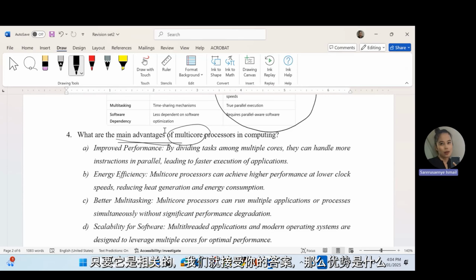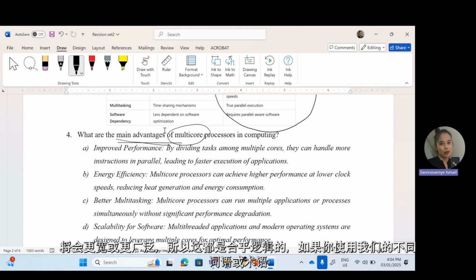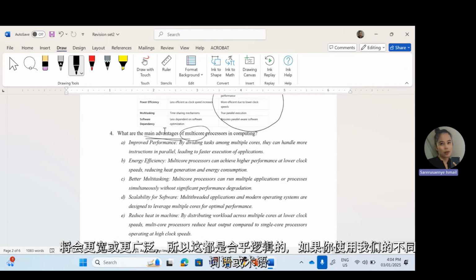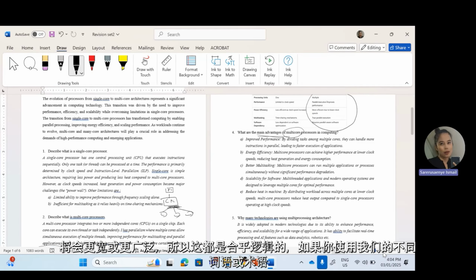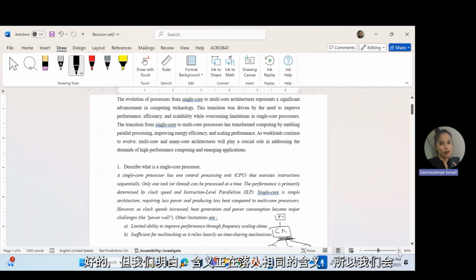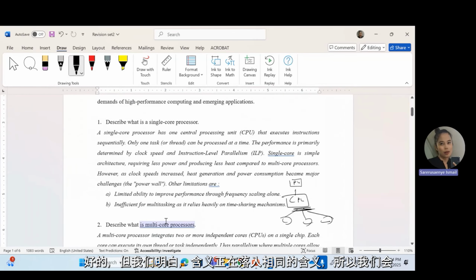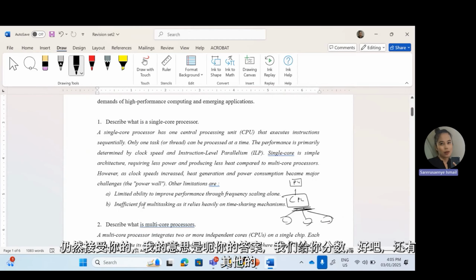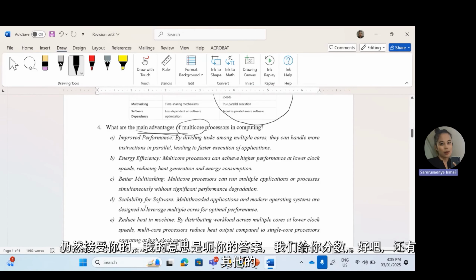As long as it's relevant, we accept your answer. So what is the advantage if you have more than one processor? Definitely, you can improve performance, save power, and tasks can be distributed, so there will be multitasking, and scalability will be wider or broader. So this is all by logic. If you use different words or terms, but we understand that the meaning falls into the same meaning, we still accept your answer and give you the marks.